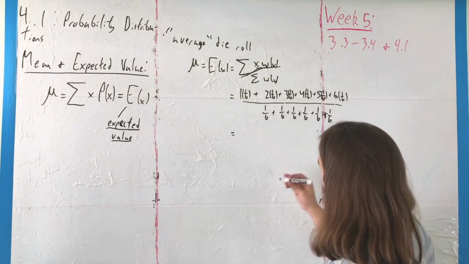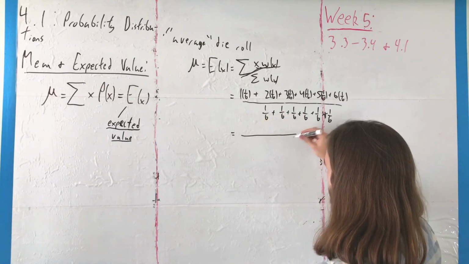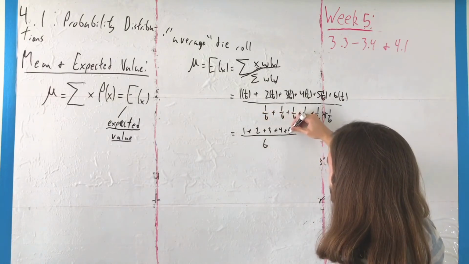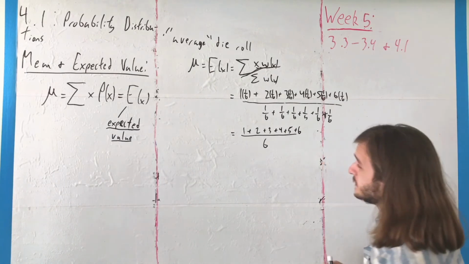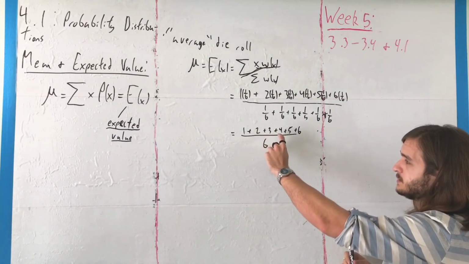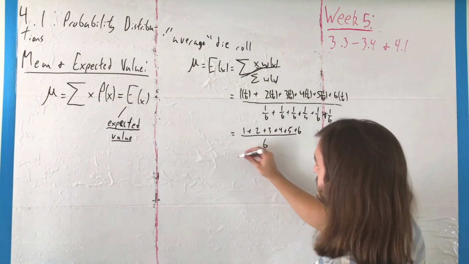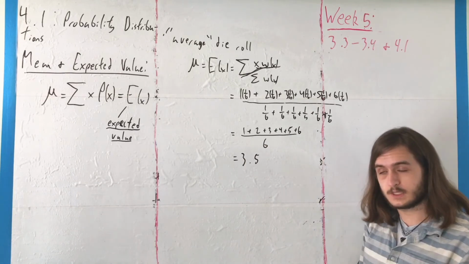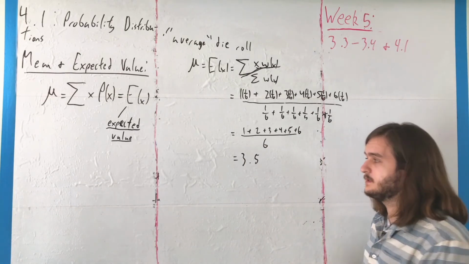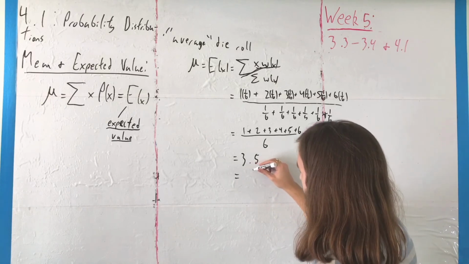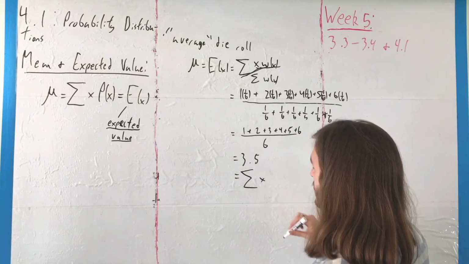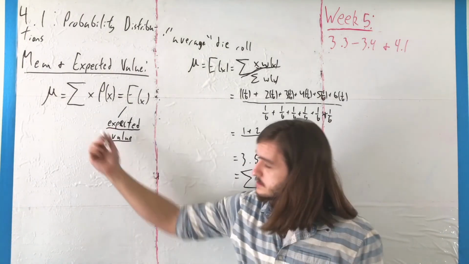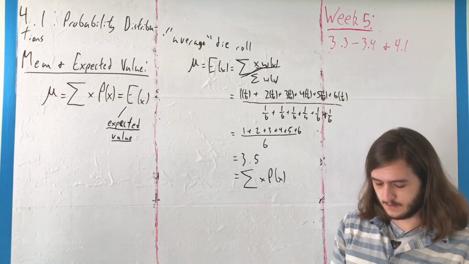We could condense that down to 6 underneath 1 plus 2 plus 3 plus 4 plus 5 plus 6, which would end up being 3, 6, 10, 15, 21/6, or 3.5, where in particular, we could have seen that this came from the sum of our values multiplied by their associated probabilities, which is our formula for computing an expected value.